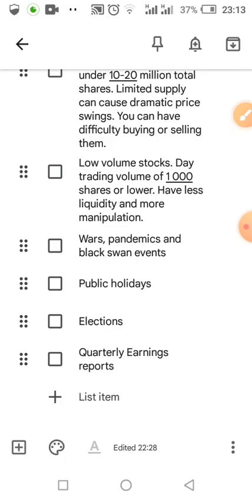Then if there are mid-term elections, maybe for USA mid-term elections, which happen about 2 years after the presidential elections, you might also want to avoid trading any financial instrument the week that there will be mid-term elections.